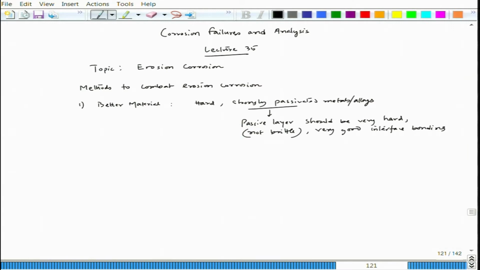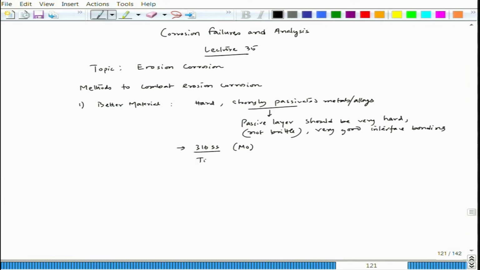So, that way we can protect it, and for that better material means we can think of 316 SS, which contains molybdenum. Actually molybdenum helps in preventing erosion corrosion. We can think of titanium.